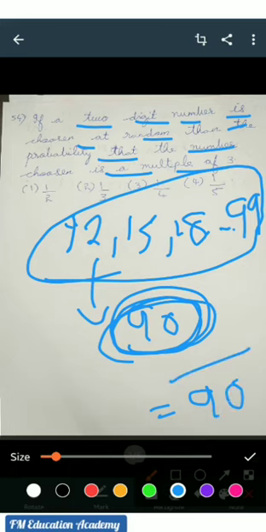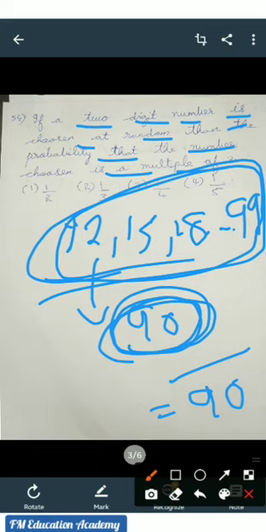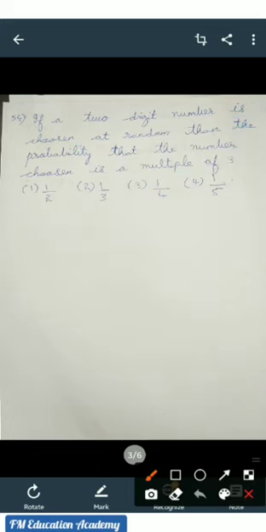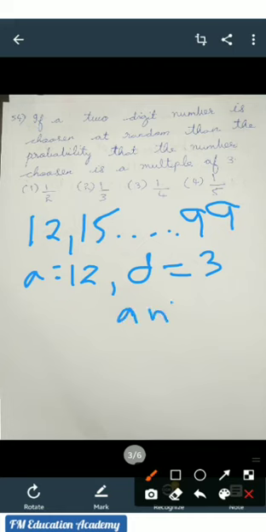And what will be the number of favourable outcomes? We have to calculate by this series 12, 15, 18, up to 99. So let us do that now. What is our series? 12, 15, etc. up to 99. So a is 12, d is 15 minus 12, that is 3, and an is 99.